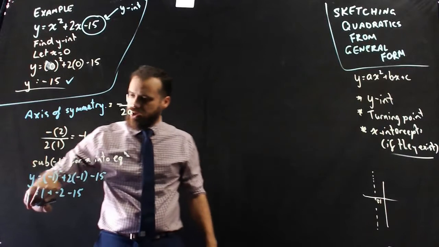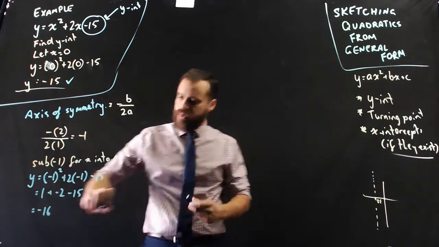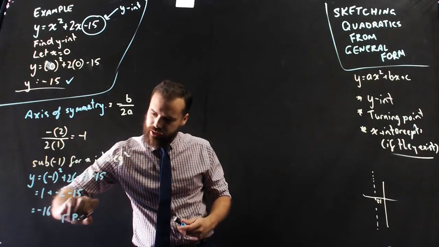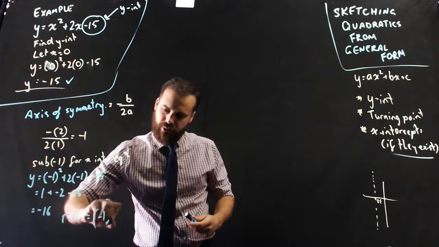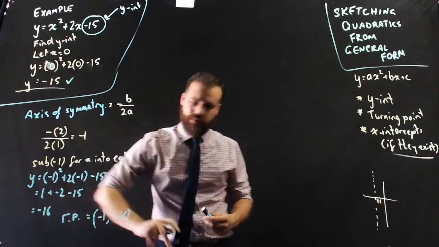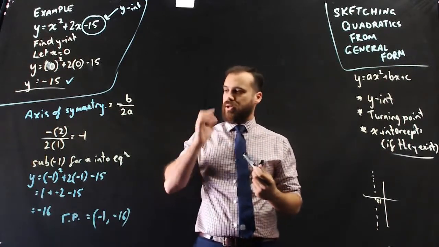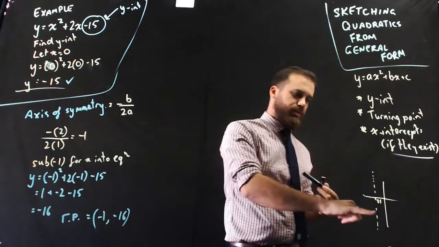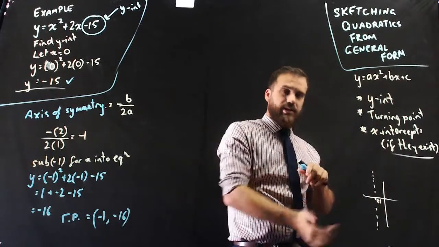Minus 15 is minus 16. So we can say that our turning point is equal to the axis of symmetry, negative 1, and then this y value, negative 16. Alright, so I know two things about my quadratic so far. The y-intercept is negative 15, and the turning point is negative 1, negative 16, just below that.